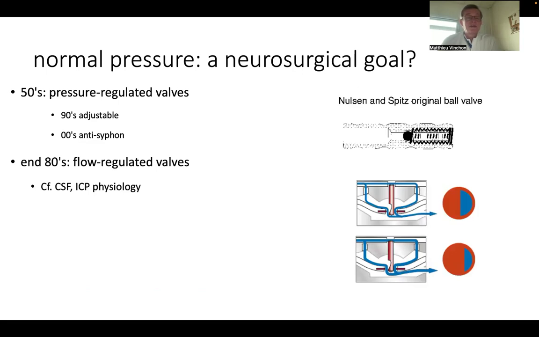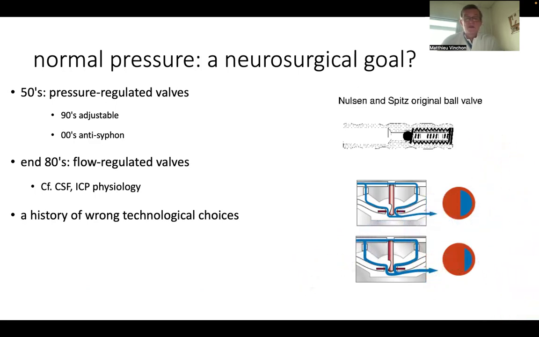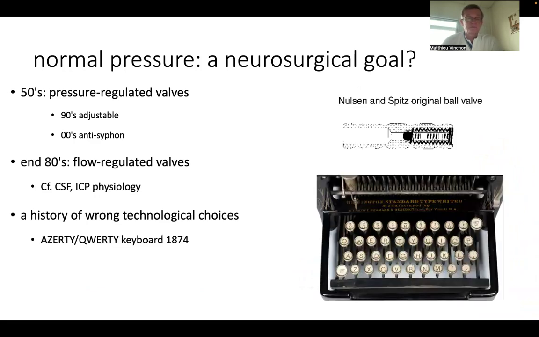But at the end of the 80s, flow-regulated valves had appeared, which were designed to mimic the ICP physiology and the CSF physiology with a constant flow of CSF, allowing the pressure to vary with time. Unfortunately, this valve is in the process of being phased out, again, because it is not profitable. So it joins a long history of wrong technological choices.